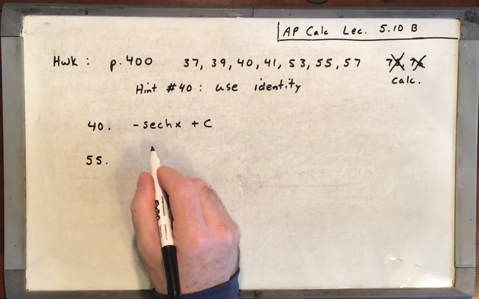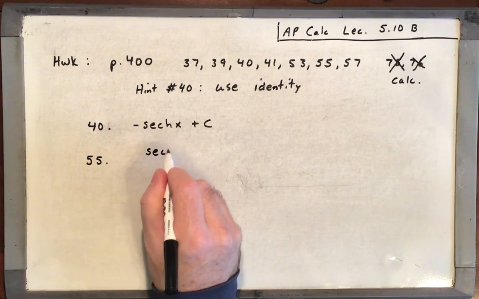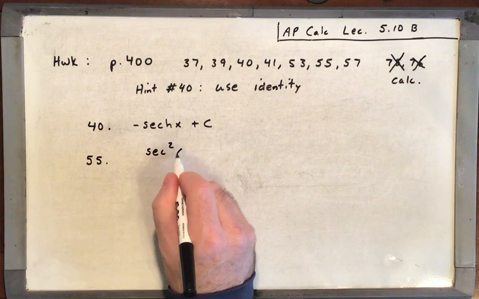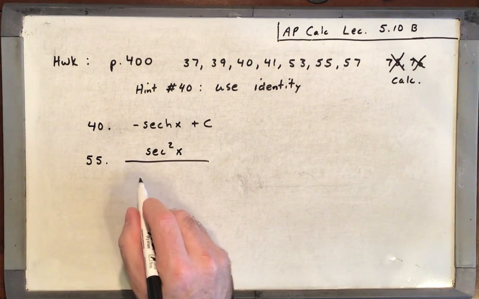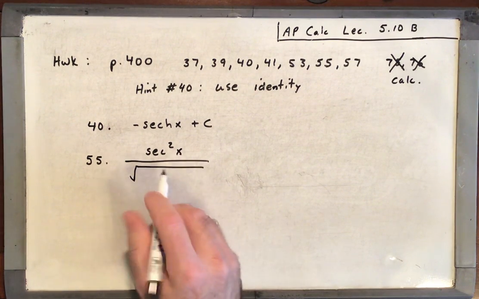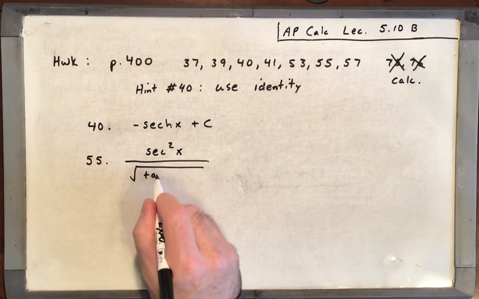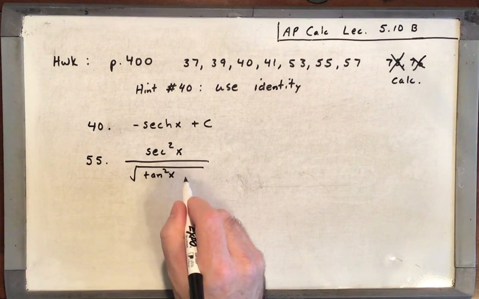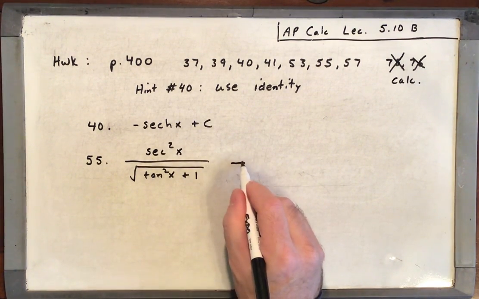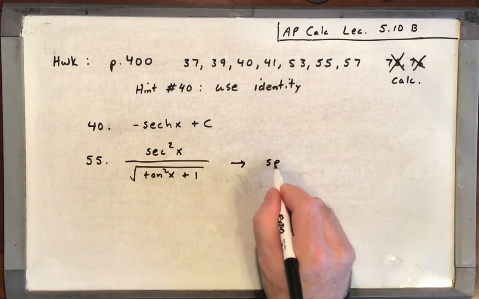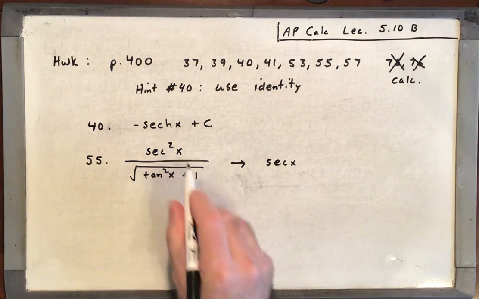So 55, I'm fine with secant squared x over the square root of tangent squared x plus 1. And if you want to try to boil that down to secant x, you can. That's the answer that's in the back of the book, but I would accept that.